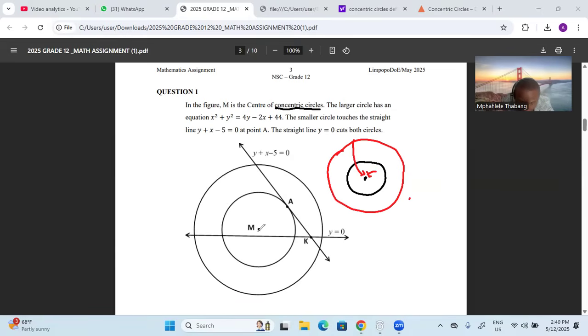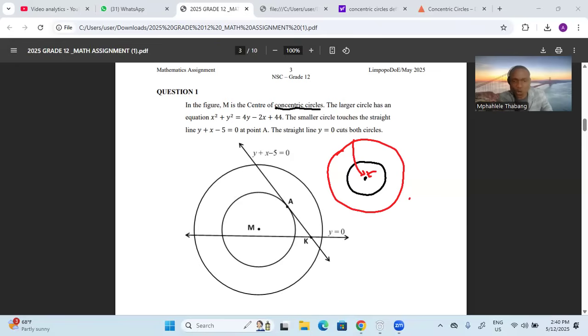It's still M. So we say the two circles are concentric. The larger circle has the equation. They gave us the equation of a circle. What is the equation of the larger circle? It's x squared plus y squared equals 4y minus 2x plus 44.